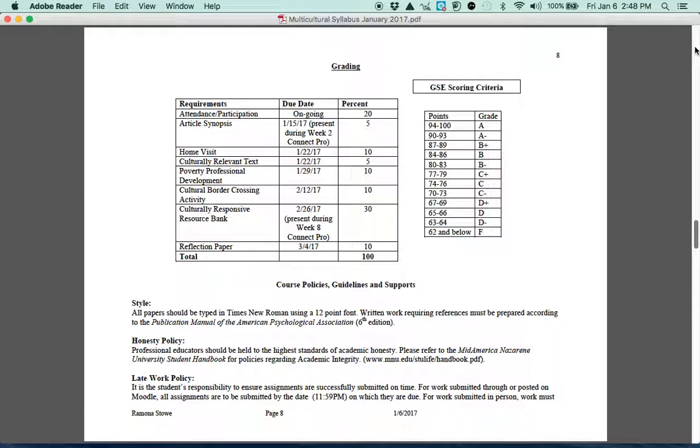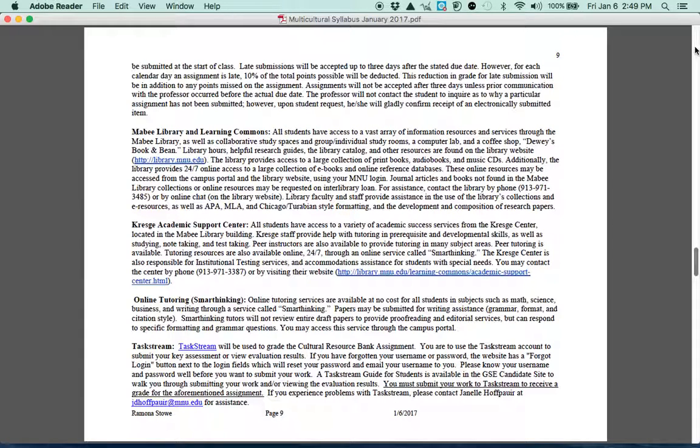And honestly, late work policy, I always try to point that out, that any time something is late, it's 10% off the first day, 20% off, 30% off, etc. And then by the time it's after 3 days, it is not worth any credit. So I always say just don't be late with things, and we don't ever have to worry about that.